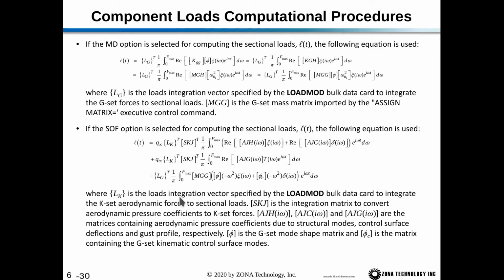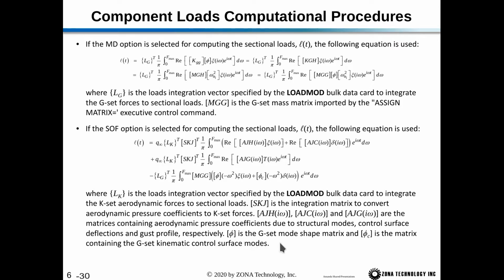So the Lk is the loads integration vector specified by the LOADMOD card, and this is through the PANLST field of the LOADMOD card. That defines the boxes which define the load. So that integrates the K-set aerodynamic forces to sectional loads. SKJ is the integration matrix to convert the aerodynamic pressure coefficients to K-set forces, and then AJH, AJC, and AJG are the matrices containing aerodynamic pressure coefficients due to the structure modes, control surface modes, and gust profile.